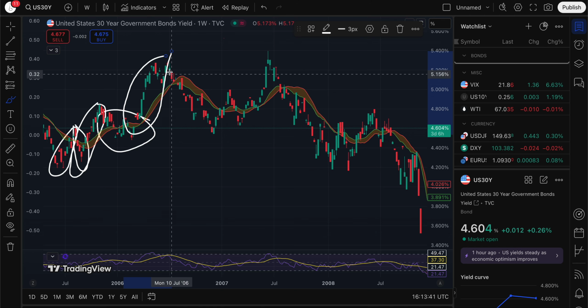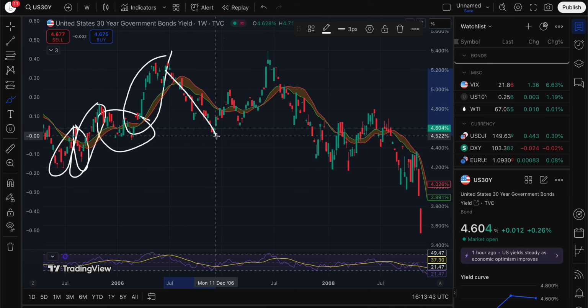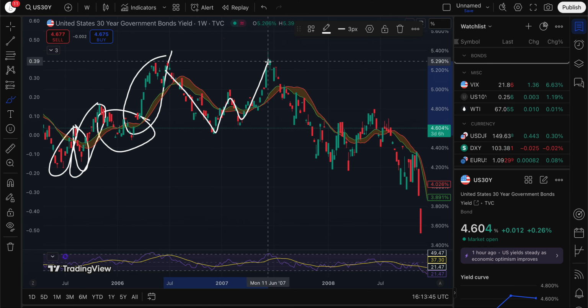Okay. After this, what we saw is a W pattern, which eventually broke down following the events that we saw in 2008. Now, this kind of parallel was very popular.